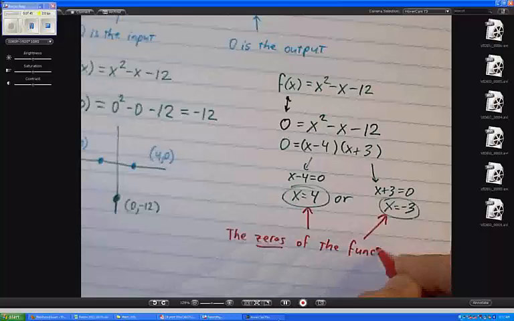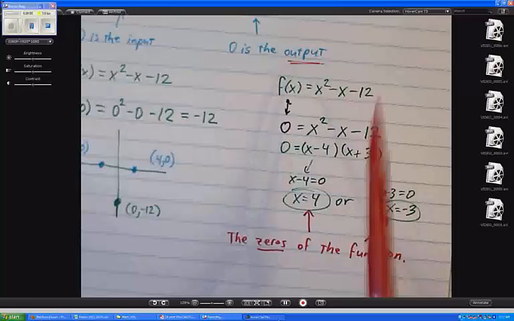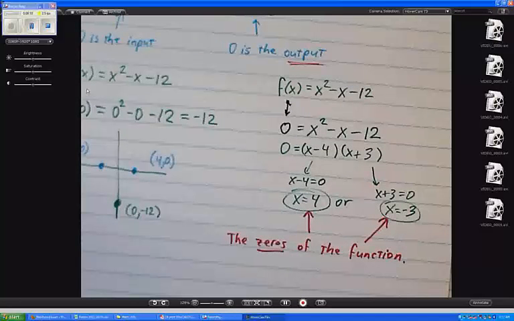And so tonight on the homework, they're going to say, find the zeros of this function if you can. Well, you're going to be setting what equal to 0, the input or the output? We set the output equal to 0 if it says find the zeros. Guys follow? Okay. I think I want to move on and do 2 more examples with you.